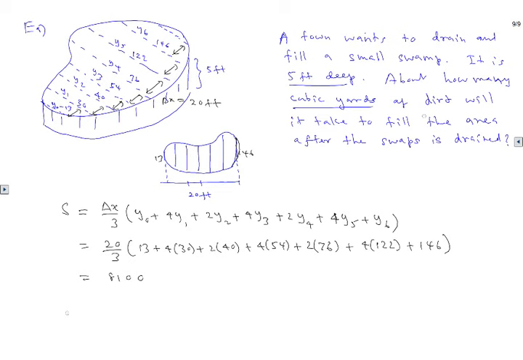Now we need to know how many cubic yards. The volume is simply area times height. The area is 8100, times the height of 5, so you get 40,500 cubic feet, and then you convert into yards.